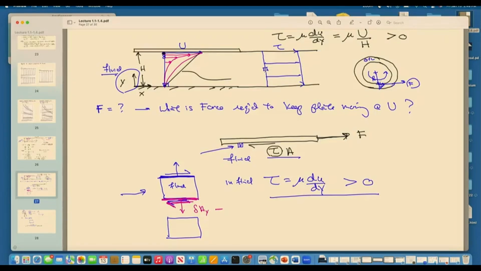The fluid element could also elongate in one direction, and in an incompressible flow, the volume remains constant. So if it elongates in one direction, and that's actually a normal strain or normal stress, it has to contract in the other direction or the other two directions, or it depends.